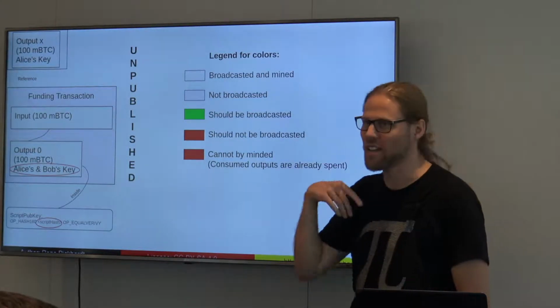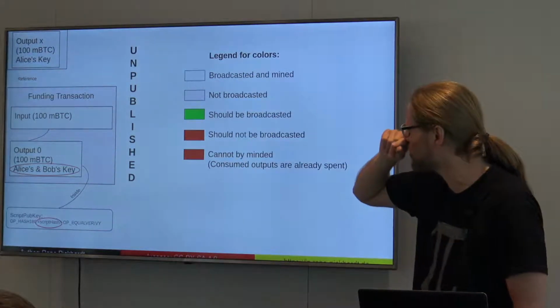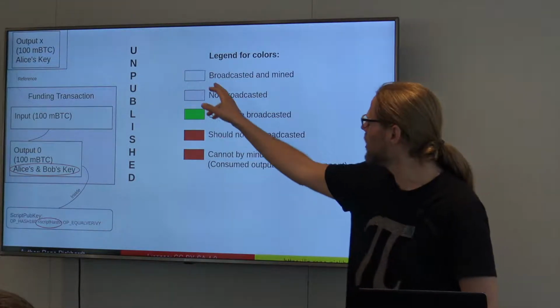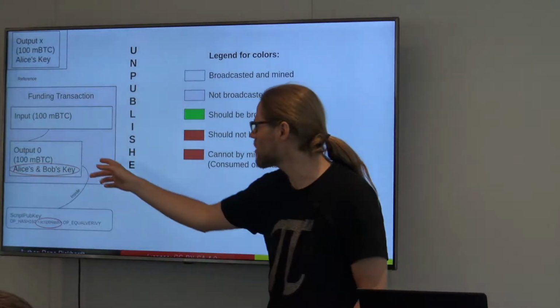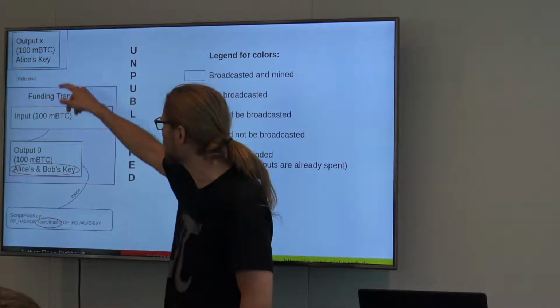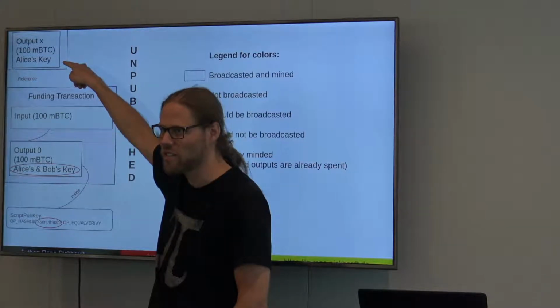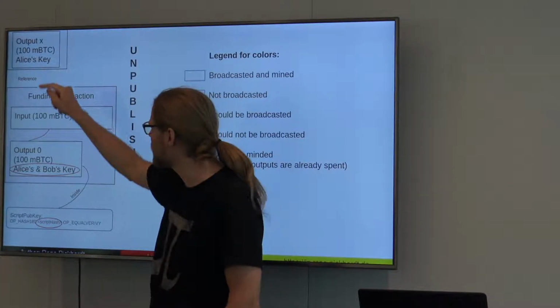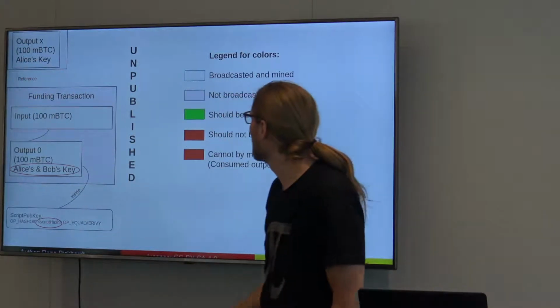And I make heavy use of colors in the following slides, so I want to talk about the legend for these colors. If something is white, it means it is broadcasted and mined. This transaction technically could also be created if it was not broadcasted and mined, but let's assume this one has enough confirmations, it's mined and broadcasted, then it's fairly safe to make this transaction and refer to this output.